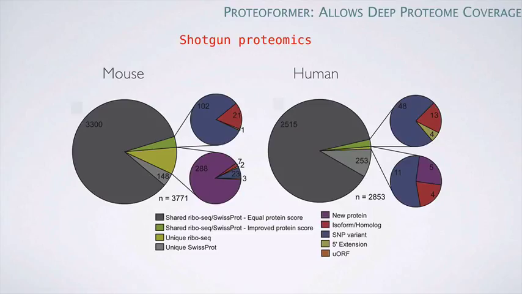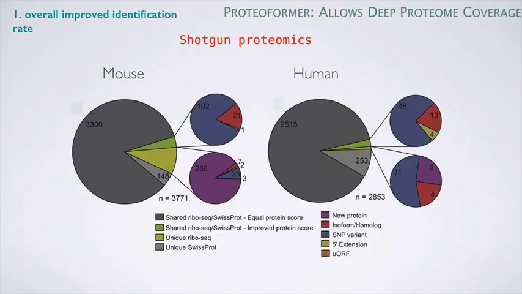Okay, so we use this extra information from ribosome profiling to search against, and what do we get? If we look at the shotgun proteomics experiments, in gray is what you would identify using only a SwissProt database. This is at the protein level. In green is what you would identify by using this custom search space.